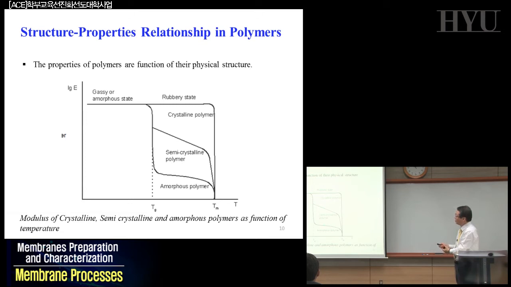Okay? If it's a crystalline polymer, the modulus will not change, because in the case of a crystalline polymer, you only have crystalline portion. You do not have amorphous portion. Okay? So below Tg, you have a glass state, and above Tg and below Tm, in between Tg and Tm, it is called the rubbery state.